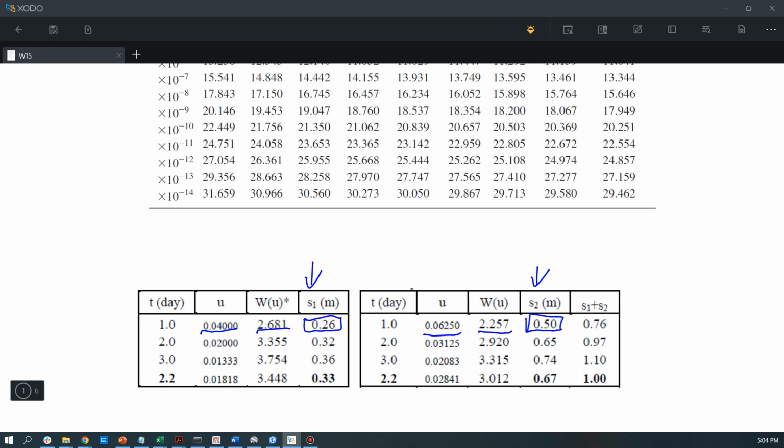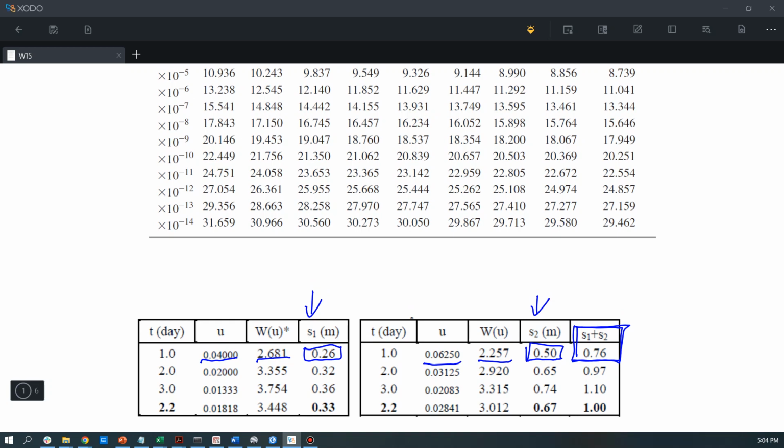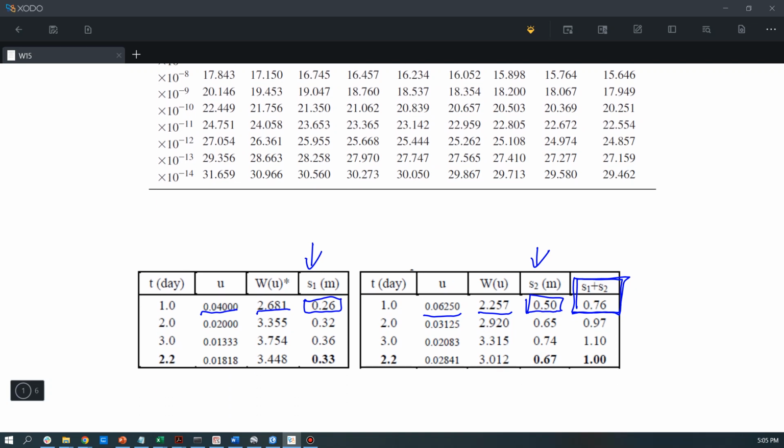Then we simply sum these two drawdown effects together to calculate the total drawdown at the observation well. In this case, 0.26 plus 0.5 is 0.76. And we just try different times, for example, day 2, day 3.